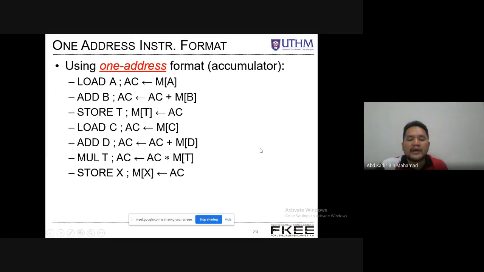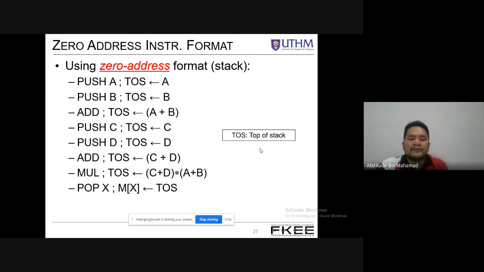So that means the lower the address format, the higher the number of instructions involved. For zero address, notice 1, 2, 3, 4, they have 8 instructions to perform for the zero address format. First, this is about stack.